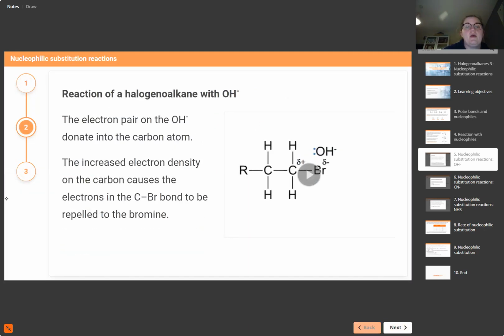Then what's going to happen is the electron pair on the hydroxide is going to be donated into the carbon atom. Because we have an increased electron density on that carbon, we can break that covalent bond, and so it causes the electrons in the carbon-bromine bond to be repelled to the bromine. So let's have a look at what that looks like.